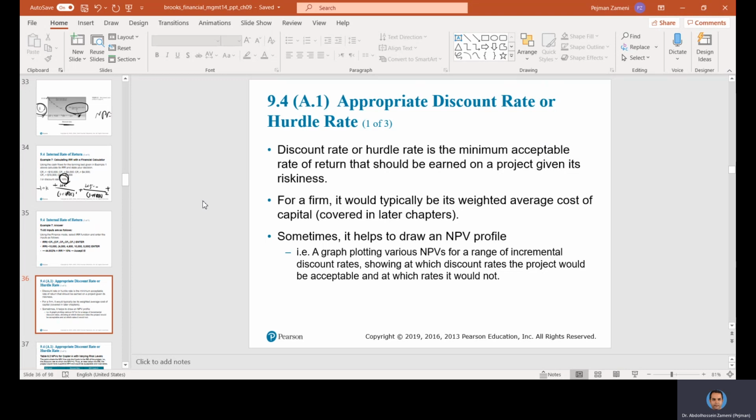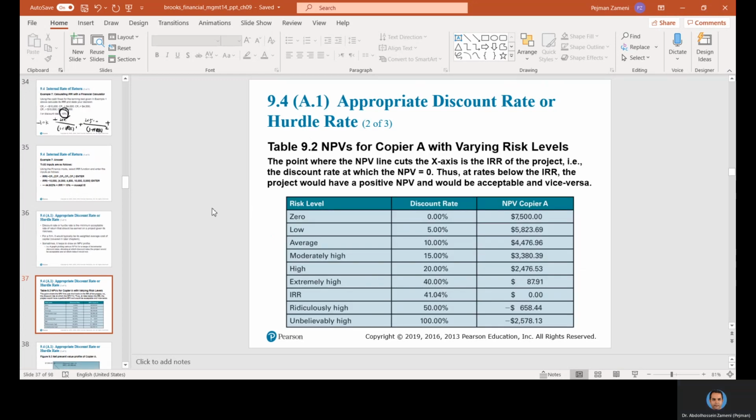Sometimes it helps to draw an NPV profile. For example, a graph plotting various net present values for a range of incremental discount rates, showing at which discount rates the project would be acceptable and at which rate it would not. Okay, table 9.2, net present values for copier A with varying risk levels.